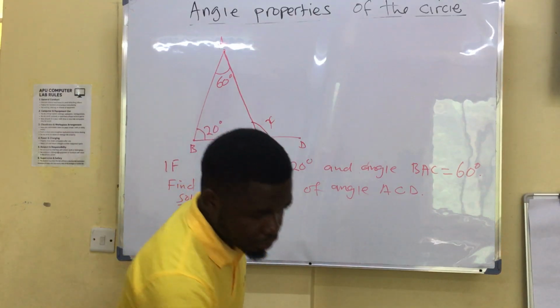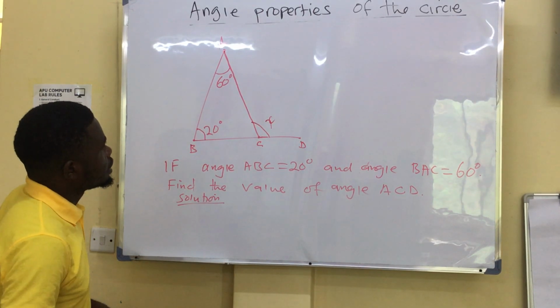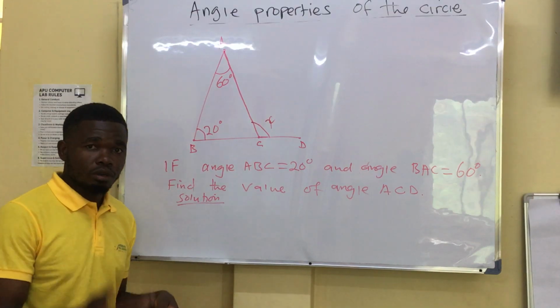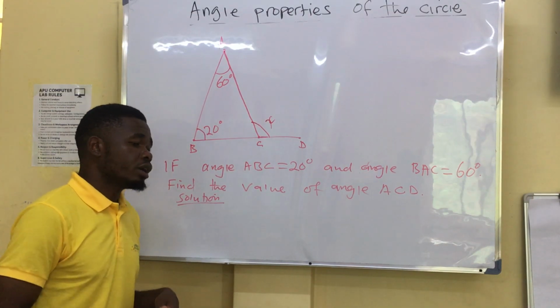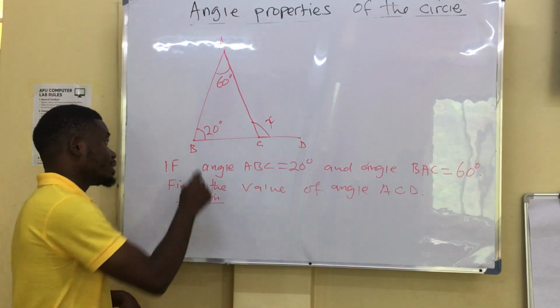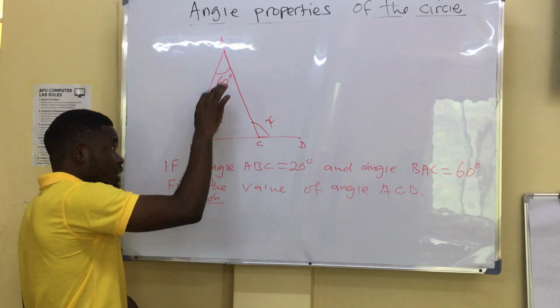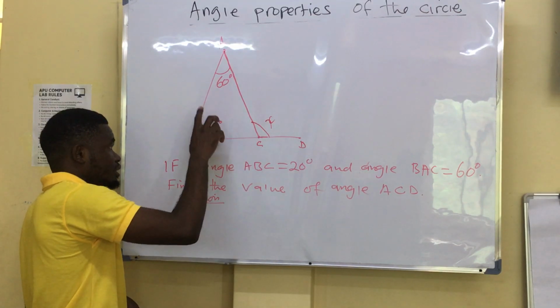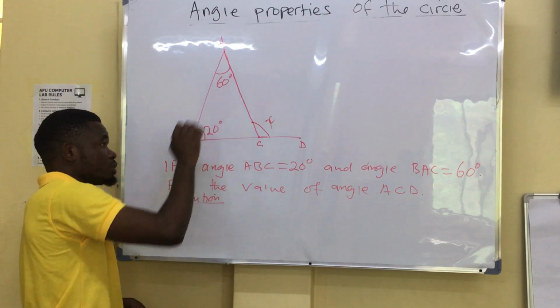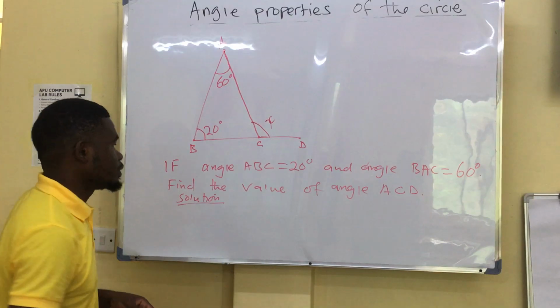For us to find the value of angle ACB, we use that theory. The exterior angle of a triangle is equal to the sum of the two opposite interior angles. So we add the opposite interior angles, and the sum is equal to this angle, which is the exterior angle of a triangle.